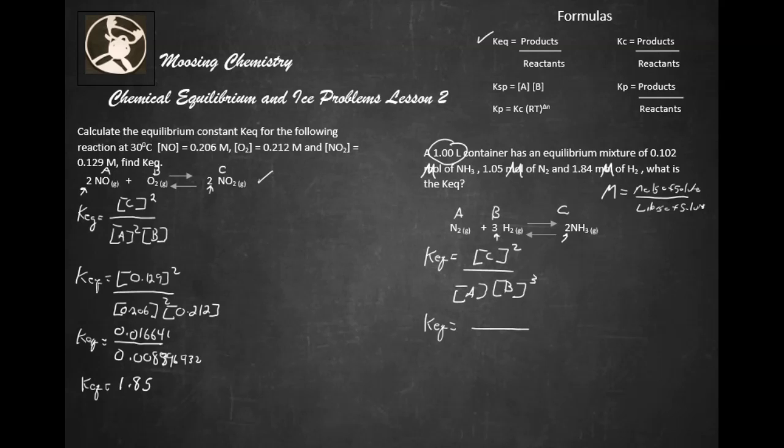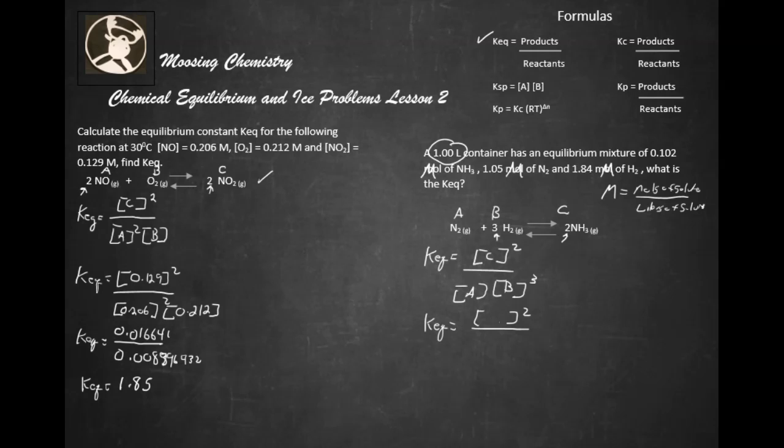And now let's see here. Our NH3 is going to be 1.05 squared. Or actually, NH3 is 1.02. Yeah, I misread that. I'm so sorry, guys.